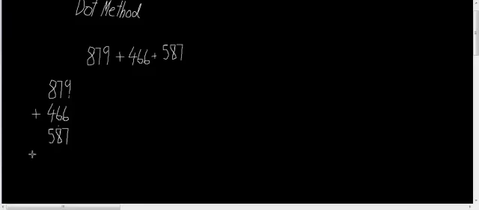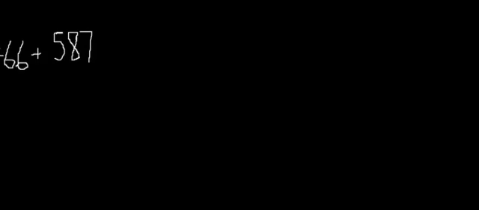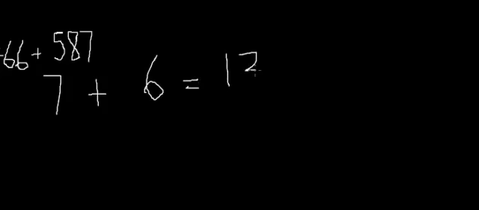So let's solve it. So the first thing we need to remember when we're using the dot method is that we always add from the bottom digit upwards, whichever column we're in. So what we always do is we add this way. So this means that we're going to have to add 7 plus 6, which is equal to 13.